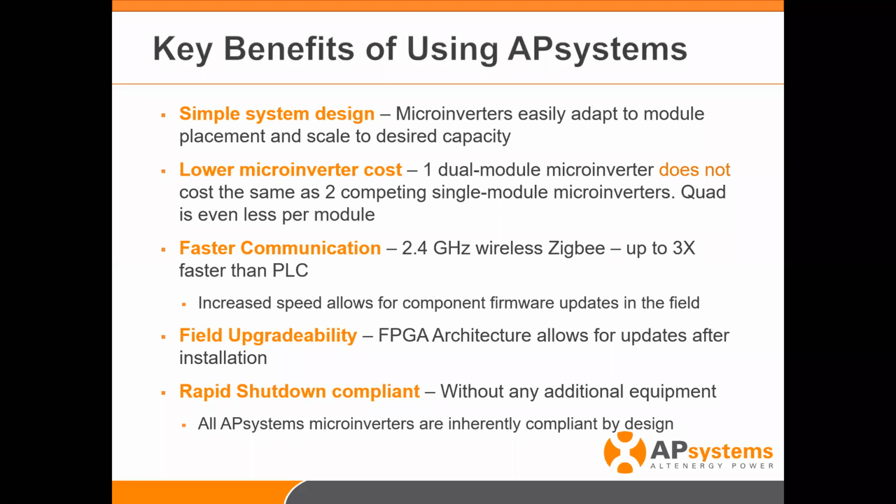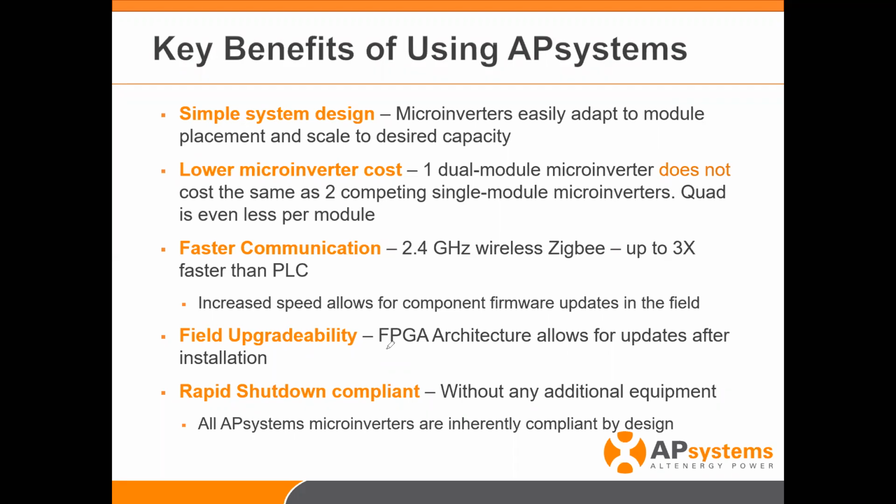Faster communication. This is a critical part, considering how often standards and codes are updated and change, and we have to make sure our product is current and relevant. To do that, we've added capability into our product using the FPGA architecture so that we can upgrade units in the field.